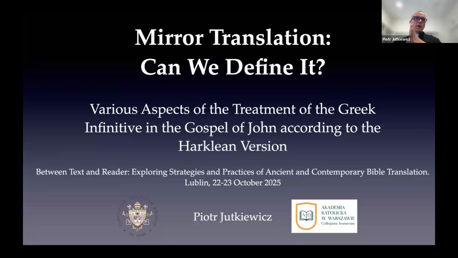Certainly in the Harklean, in the case of dei or mello, with often 100% correspondence of these kinds of structures, we lose some nuance that was there in previous Syriac translations. So we are closer to the Greek original. We are 100% faithful to the usage of one word, but we lose some nuance introduced by previous translators. So there is this ambivalence, two movements in two different directions.